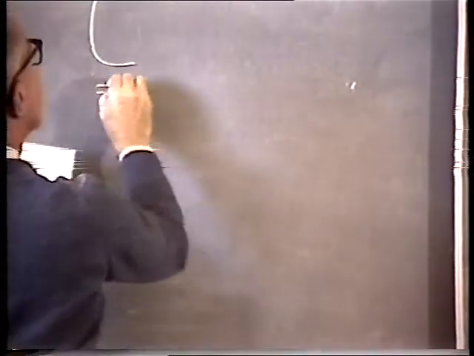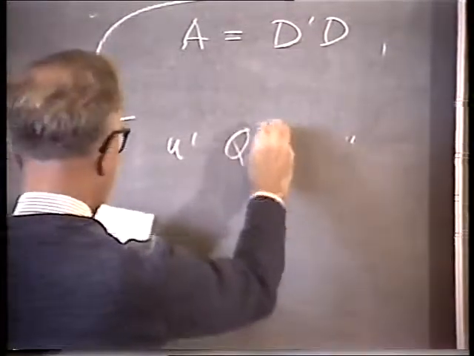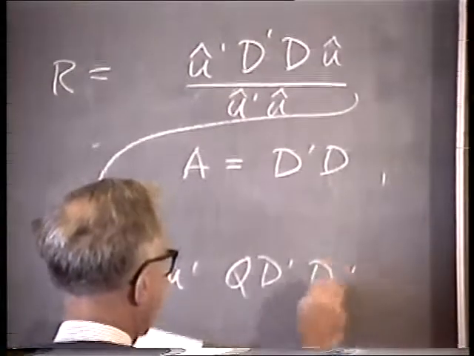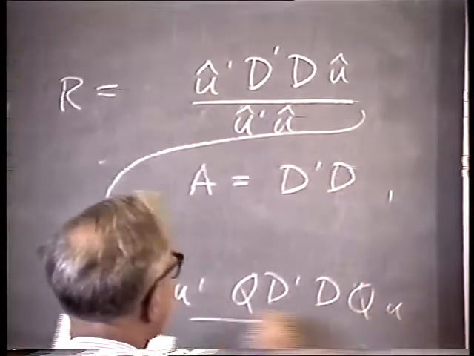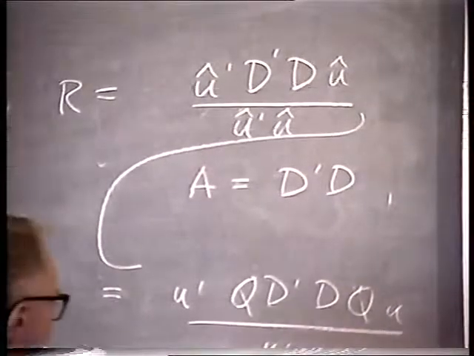Clearly also we have that this is u' Q D'D Q u over u' Q u.